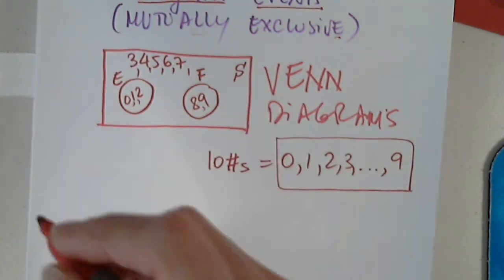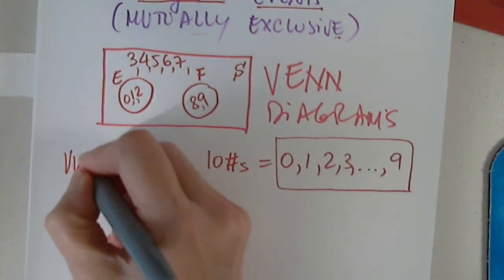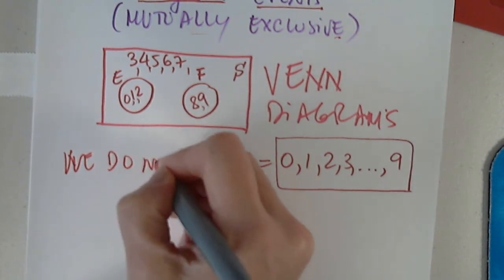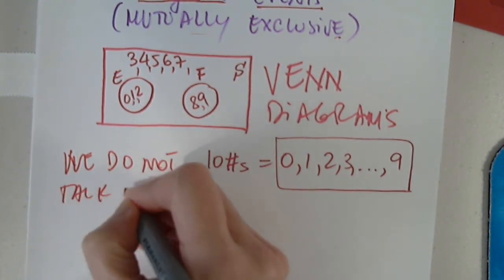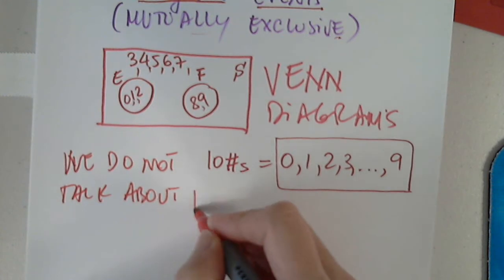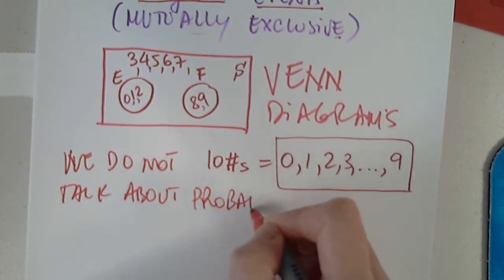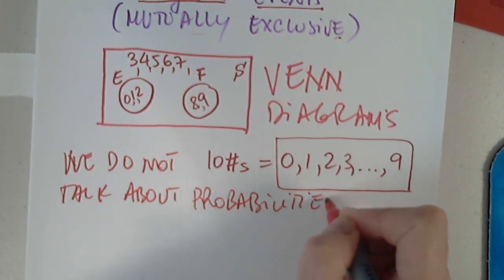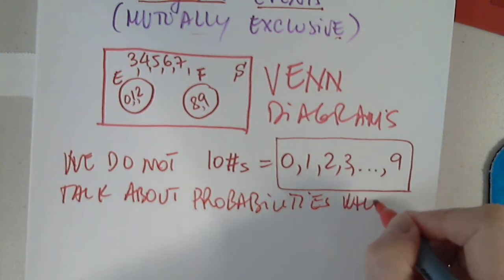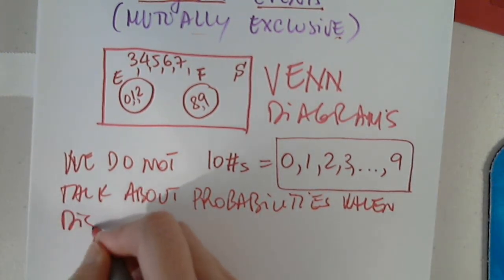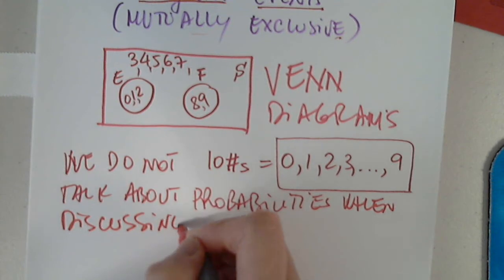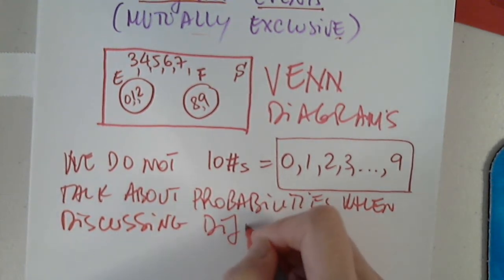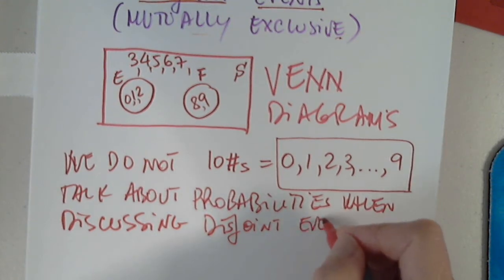I caution you here, for mutually exclusive, we do not talk about probabilities when discussing disjoint events.